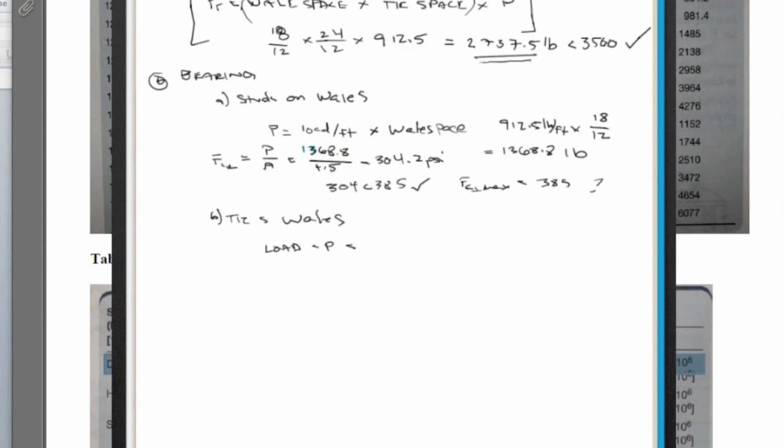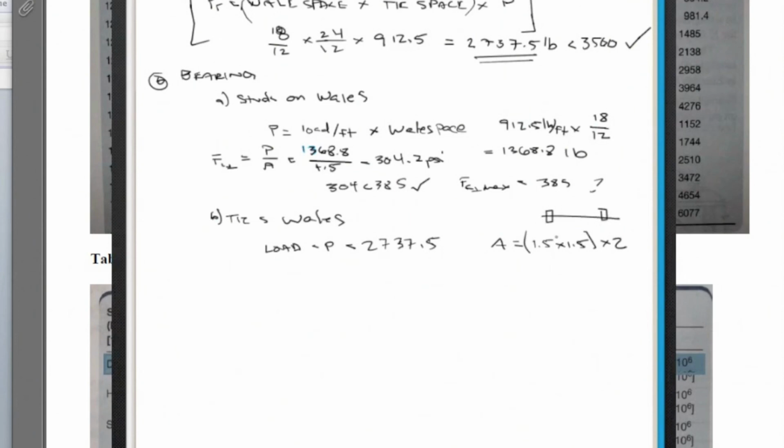Is this number right here, 2737.5. The area is going to be 4.5. This is 1.5 times 1.5 times 2, because we're looking at kind of the ties here and the wedges that we're using here.